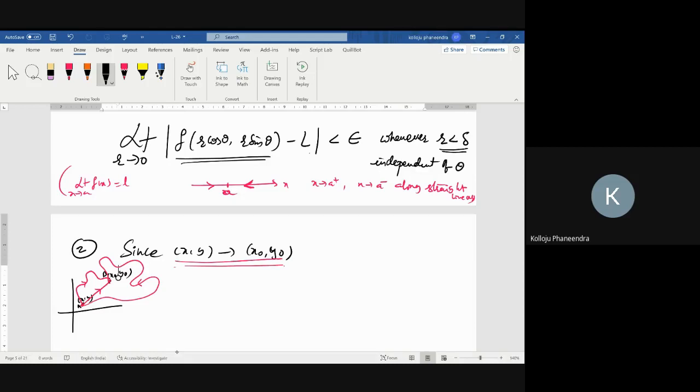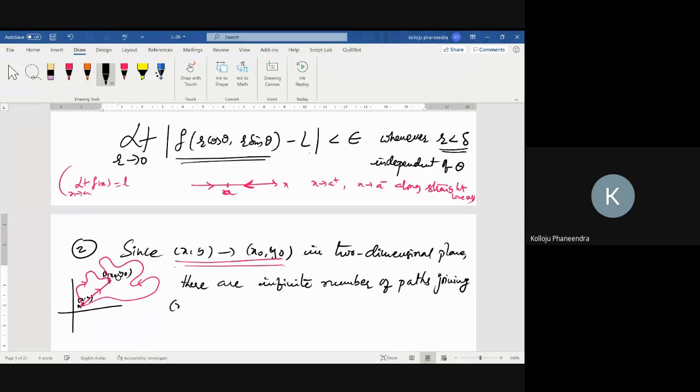So now let me write. Since (x, y) tends to (x naught, y naught) in the 2-dimensional plane, there are infinite number of paths joining (x, y) to (x naught, y naught).